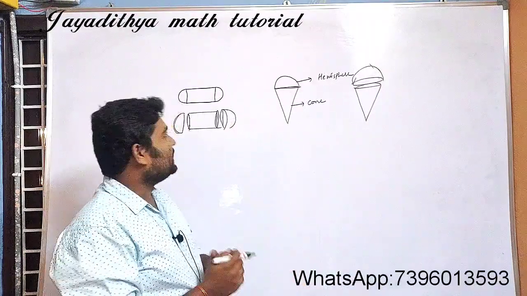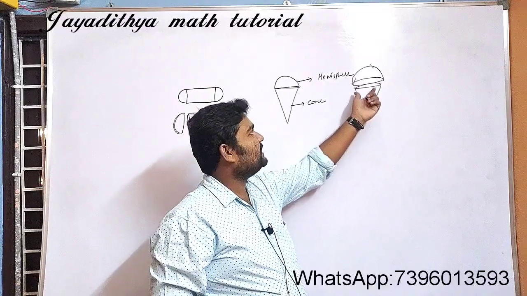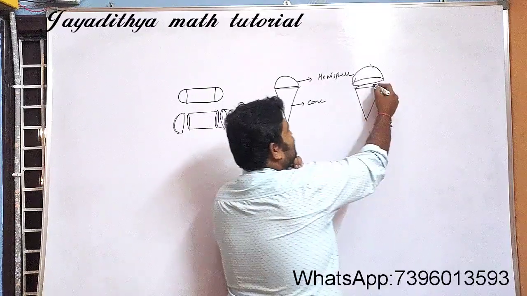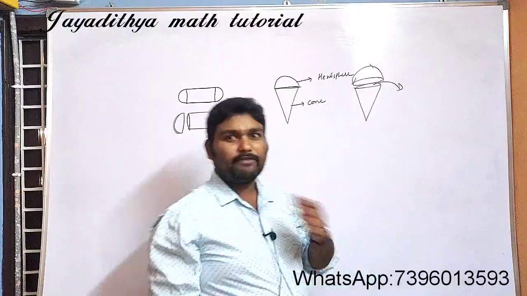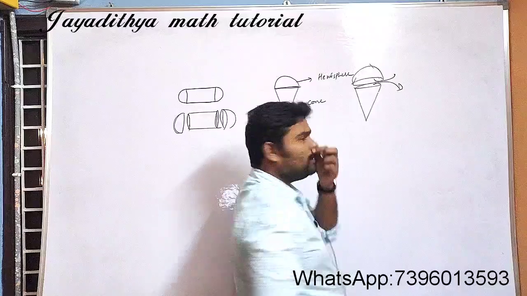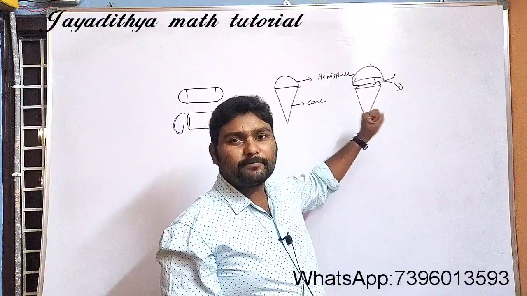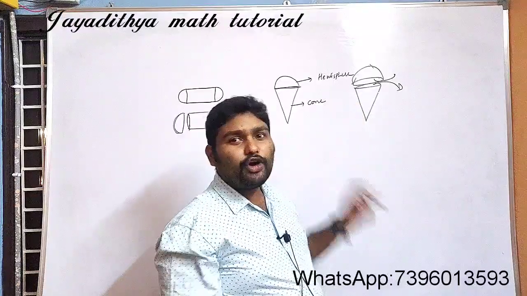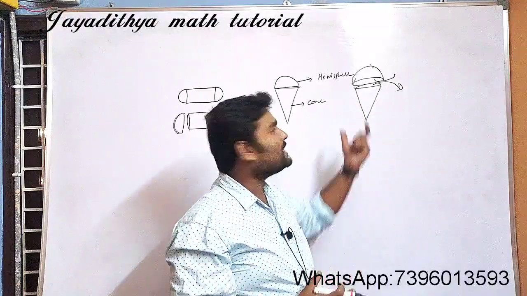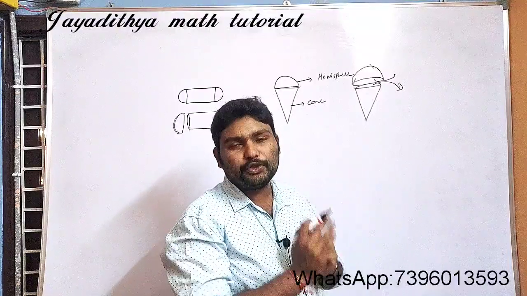See here, when we combine two solids, if you invert the cone, this is the base of the cone, and here this is the base of the hemisphere. Both are getting closed. So when you want to find the surface area of this complete figure, what are the areas you need to consider?